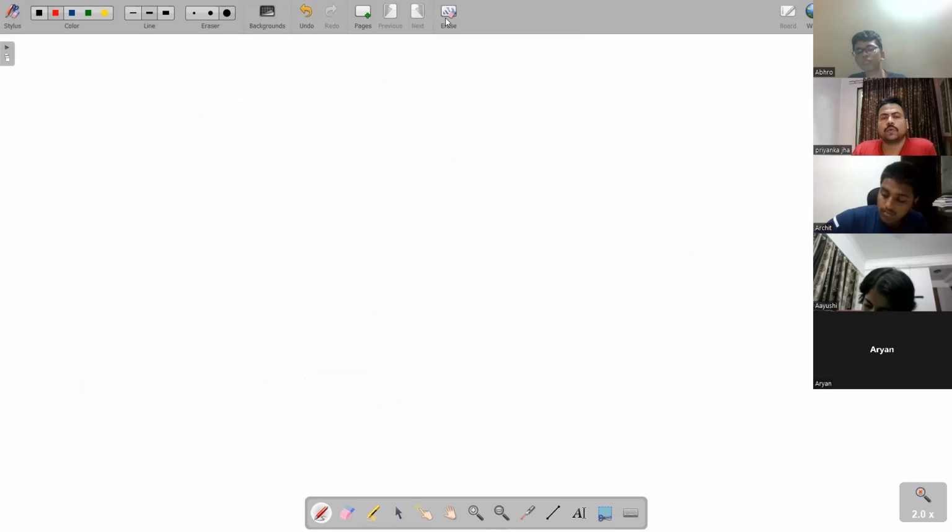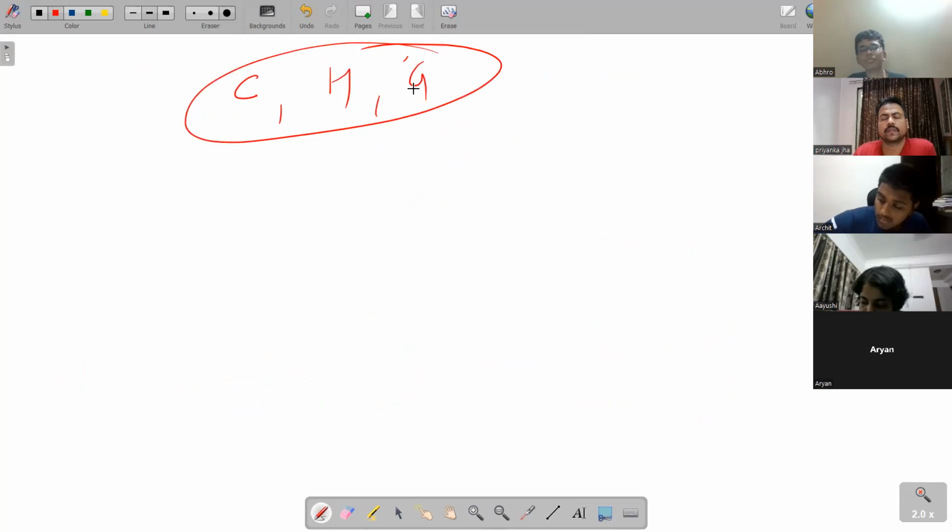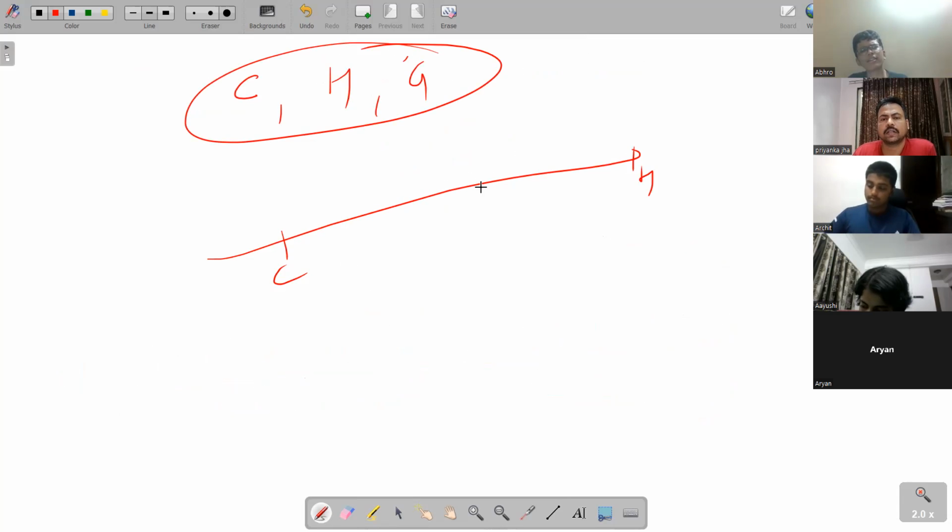अच्छा, देखो, there is a relation between circumcenter, orthocenter, and centroid. Centroid will divide circumcenter and orthocenter in ratio of 1:2.